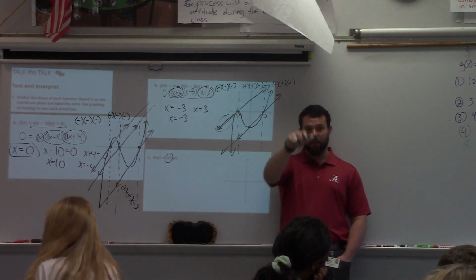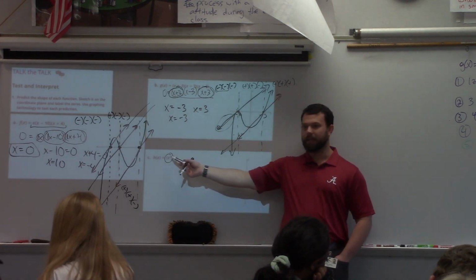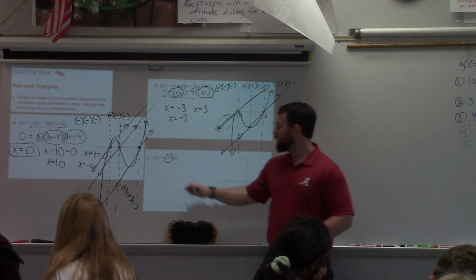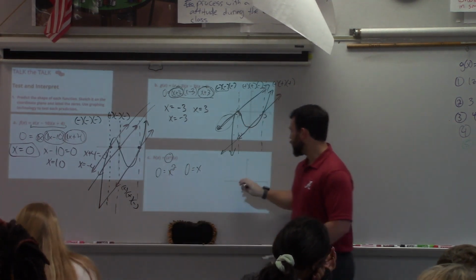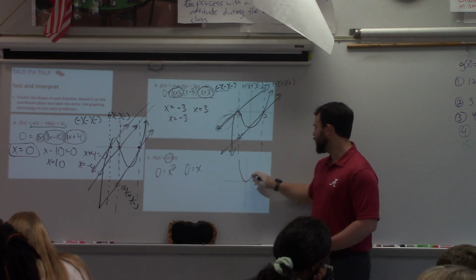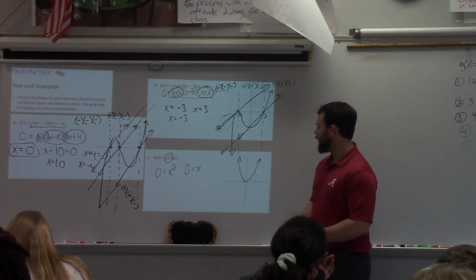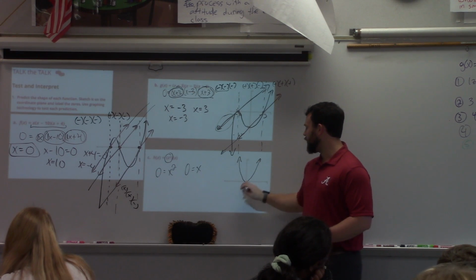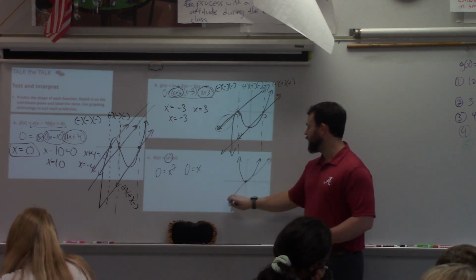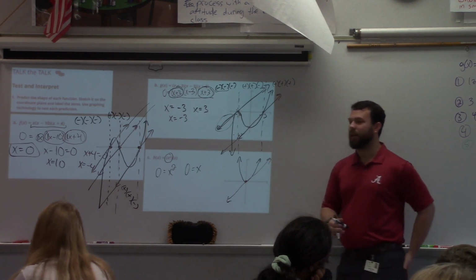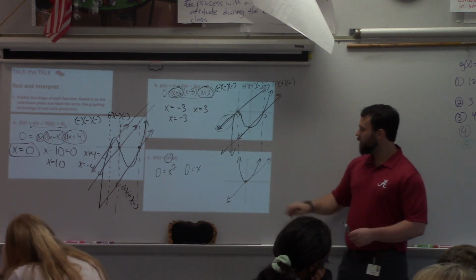It's going to have a double root, but my point is that is quadratic. 0 is equal to x squared, and notice 0 is equal to x. So I've got a parabola here, just touching at the origin, and then I also have a line here, also touching at the origin. And so we're actually going to see another type of shape of a cubic.